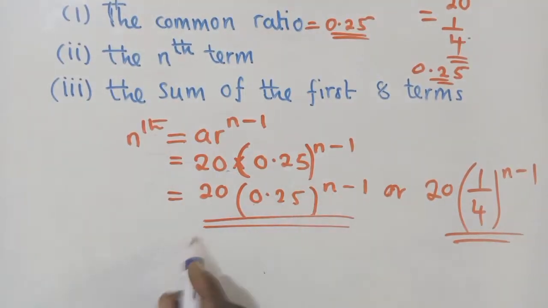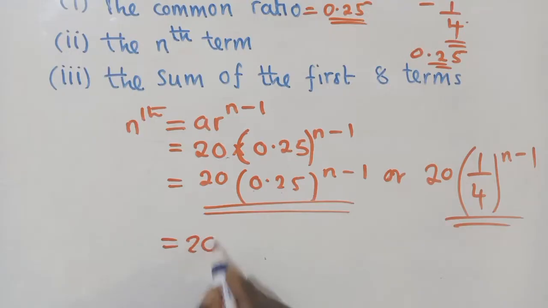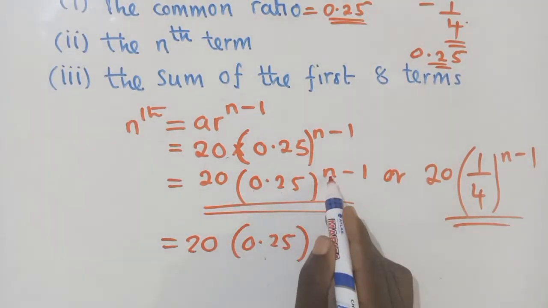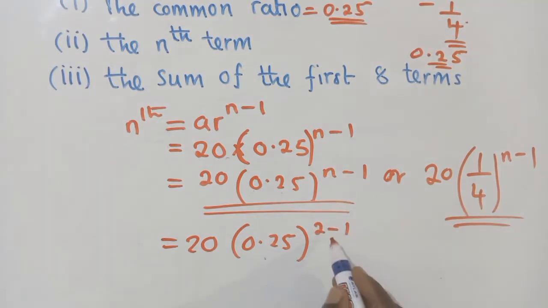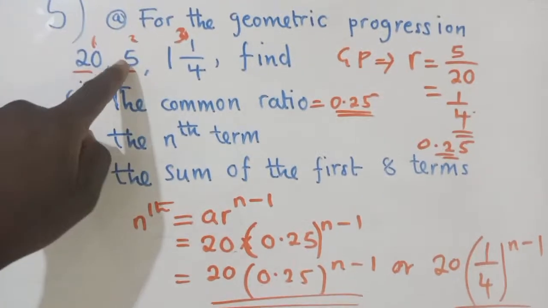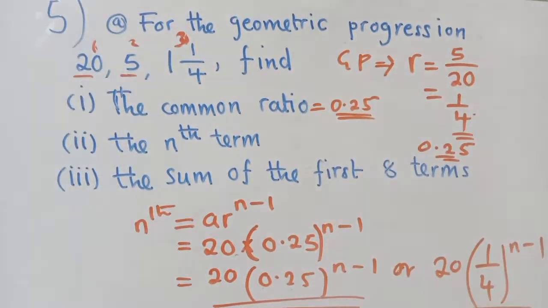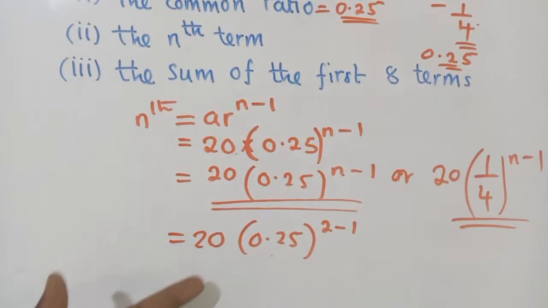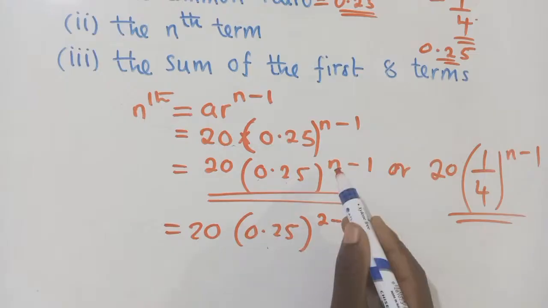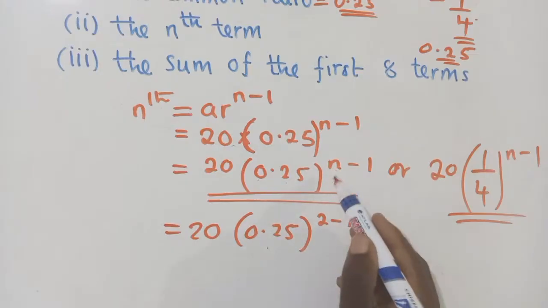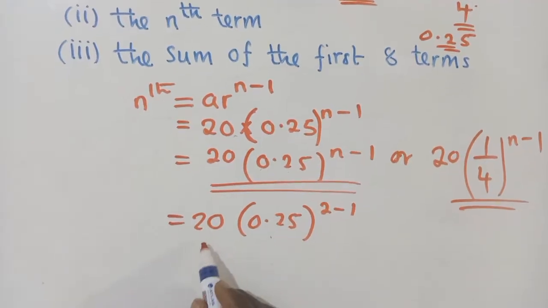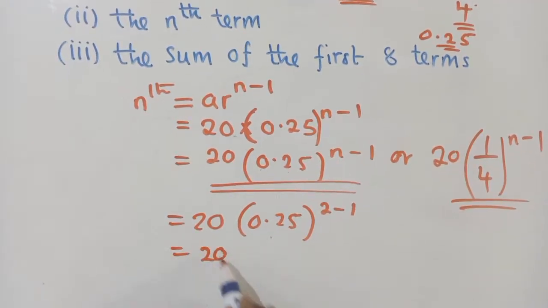We'll get the formula I've just found here and put 2 where n is. We want to see if at position 2 there is 5. Here n is the position. So at position 2, what value are we getting? Let's work it out and see if it will give us 5.